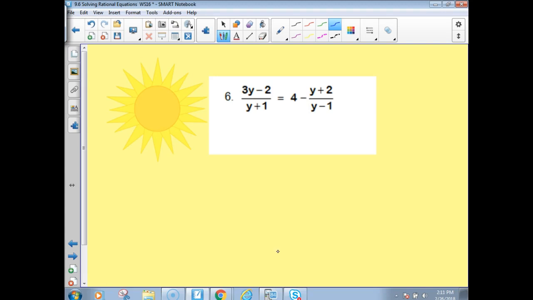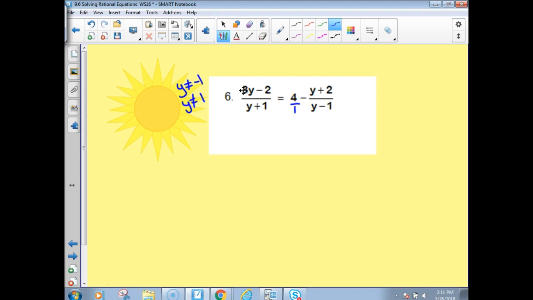First of all, let's determine our exclusions. y can't equal, what would make the first denominator 0? -1, and the second one, 1. So y can't equal -1 or 1. The LCD: we need the y plus 1, the 4 has a denominator of just 1, and we need the y minus 1.